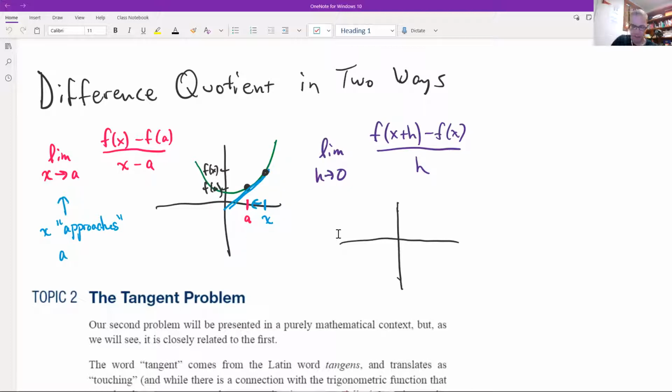But yeah, in this context, x is actually behaving as our point of interest. I'm going to go ahead and draw a curve there. So x is behaving as our point of interest, and x plus h is another point over here. We're still approaching x because the limit here is as h goes to 0.